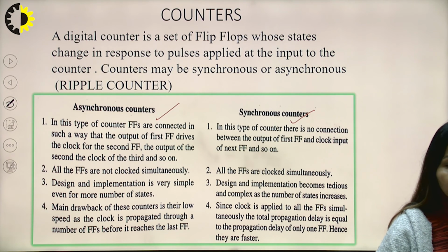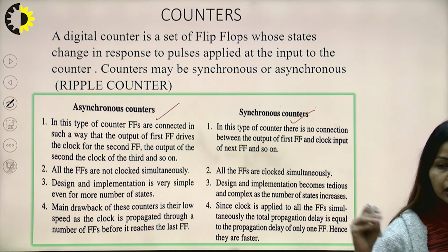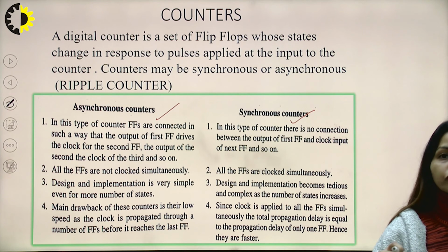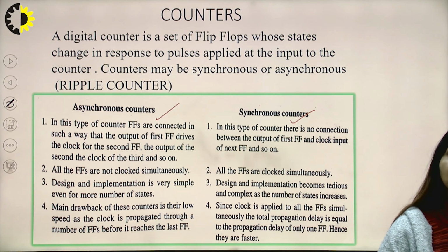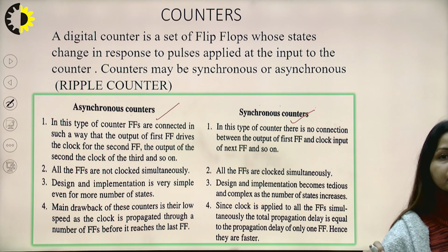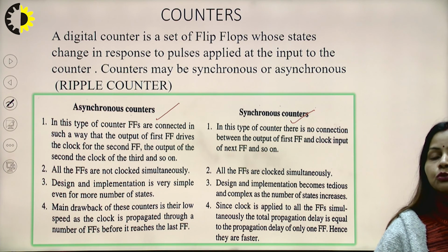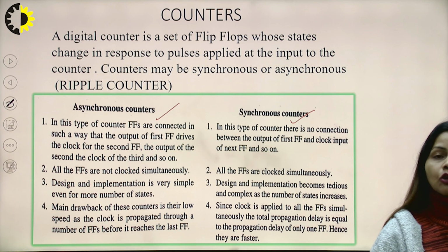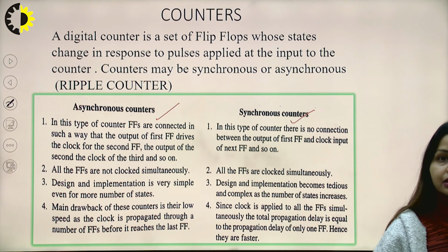The only drawback is, since the output of the flip-flop is the clock input to the next flip-flop, speed is an issue for the asynchronous counter, whereas synchronous counters, since they run with the same clock pulse, have no such issue. All the flip-flops are clocked simultaneously, so the speed is obviously high for synchronous counters.